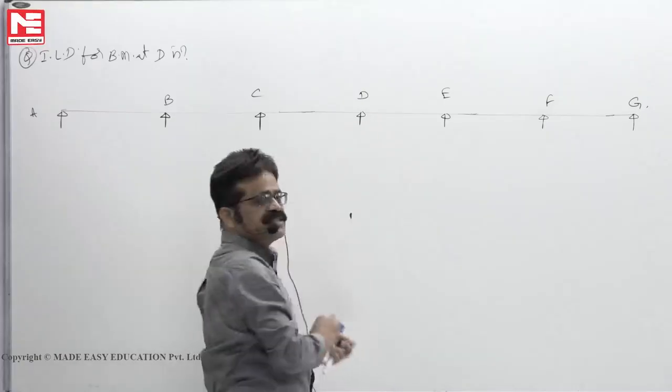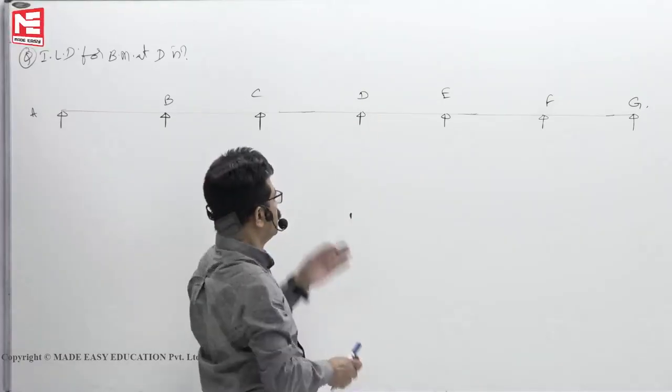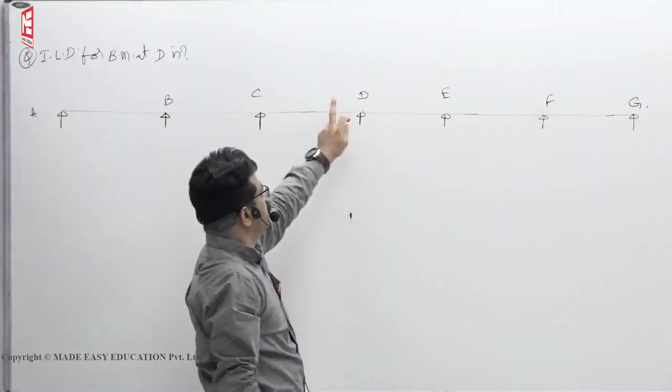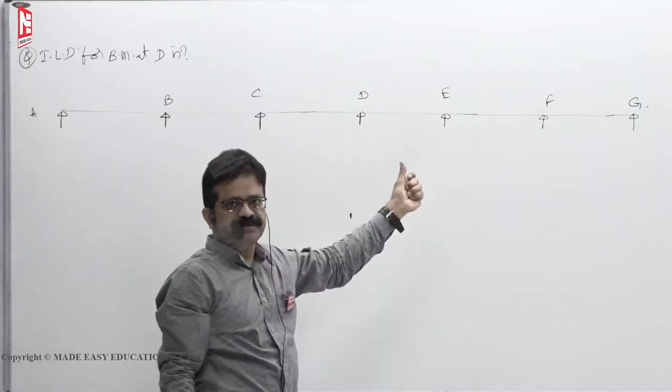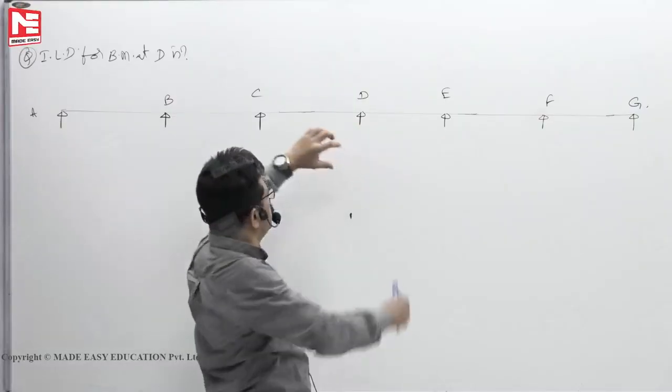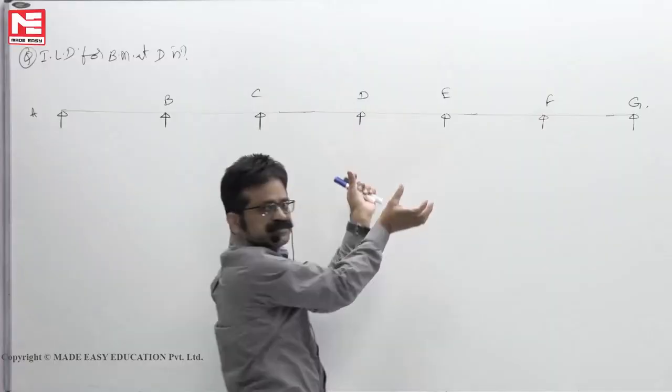So on the adjacent spans, if you load it, then moment at D is negative. At least that much we know. If I apply load here, it will hog.